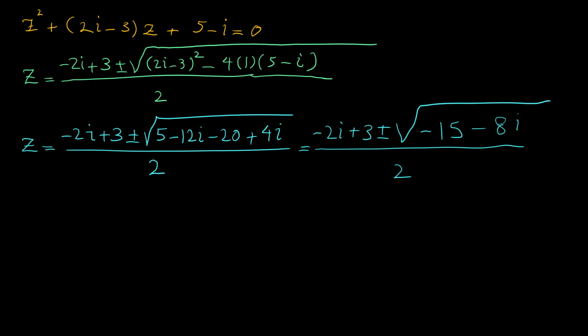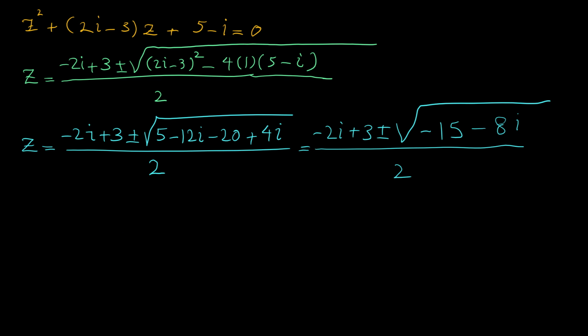Here is the tricky part of this question. How can we find the square root of negative 15 minus 8i? Here you need to use a trick. We know that if we want to take the square root of a number, and that number is in the form of a squared, then we can take its square root.